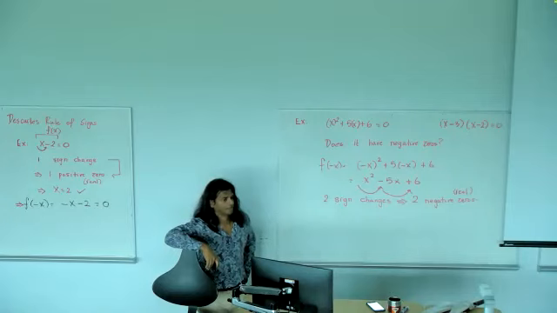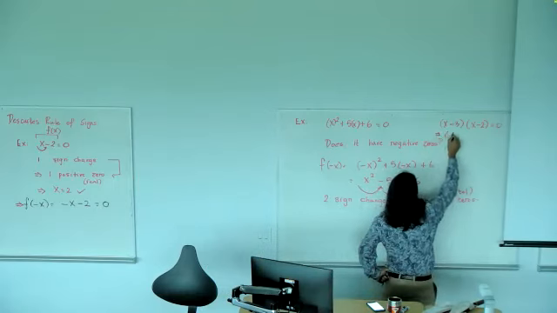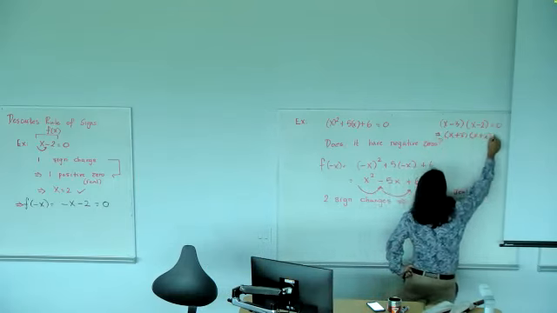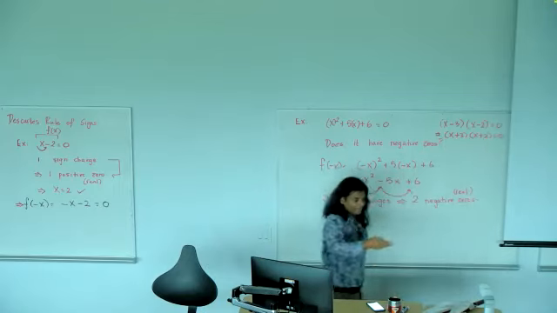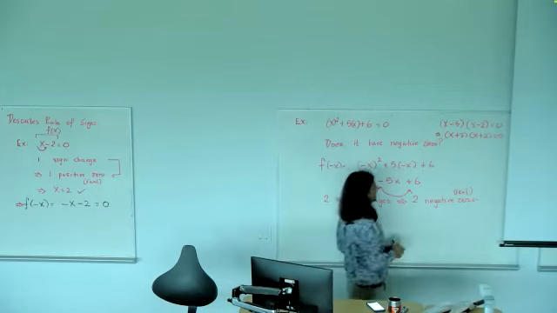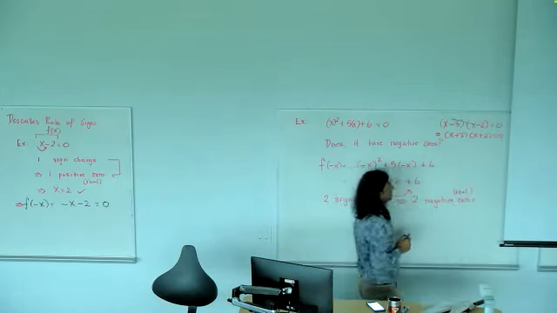No, it's not. How about x plus 3 and plus 2? Set it equal to 0, you get negative. So it's not that one, it's this one.